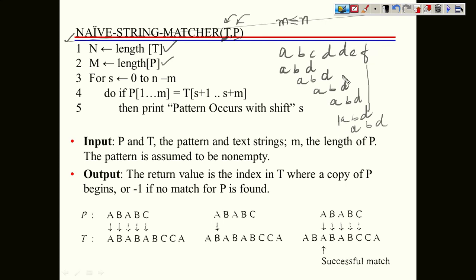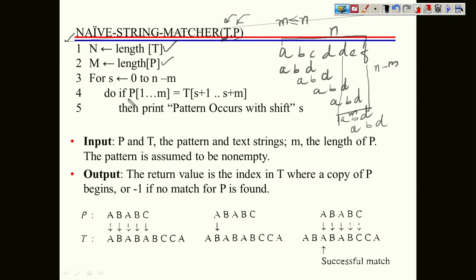If the size of the text is n and the size of the pattern is m, you have to do moves up to n minus m, because after this every shift will take your pattern beyond the limit of the text. That's why we have to do this matching up to n minus m size.